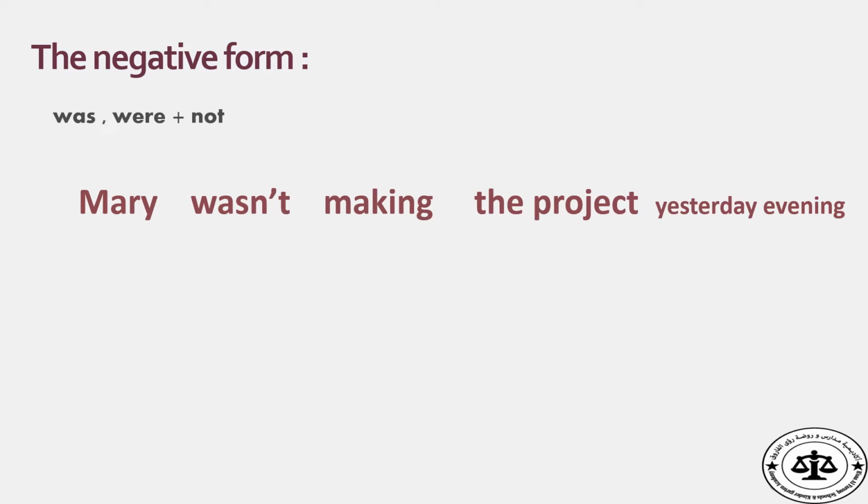Mary wasn't making the project. We negate the sentence by using not with was. We use was because we have Mary, a singular noun. After wasn't, we have to use, as we said, verb ing and the complement of the sentence, the project.